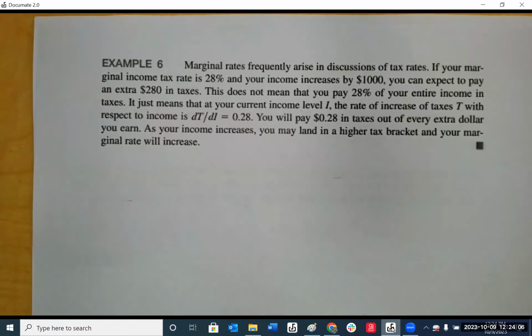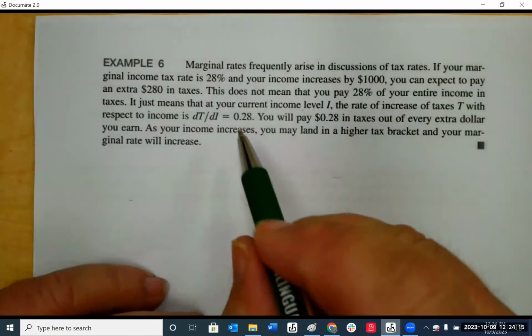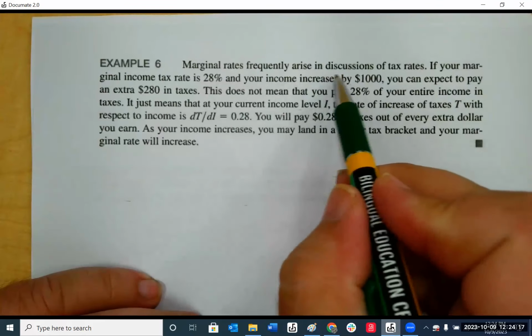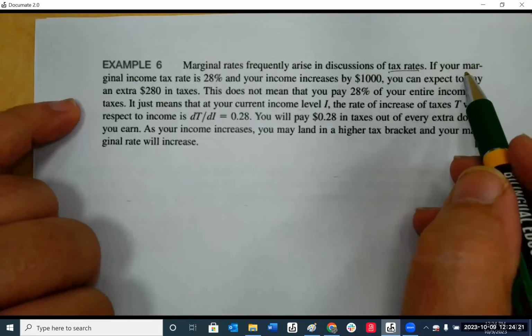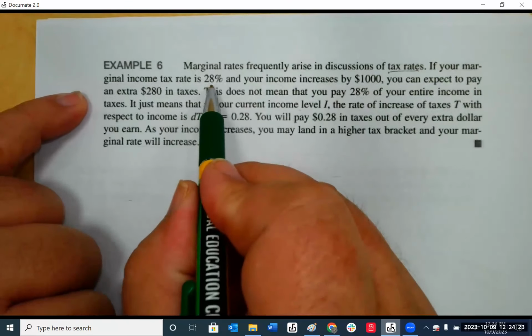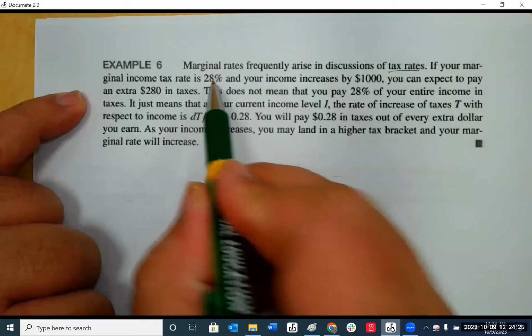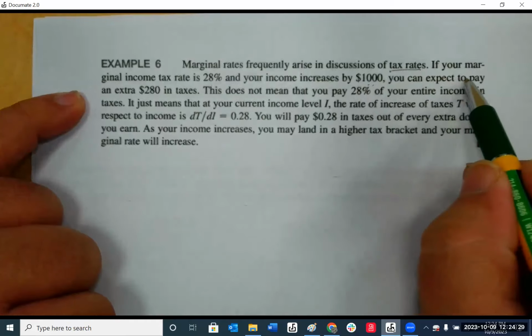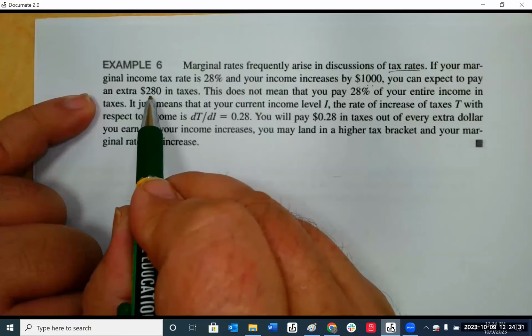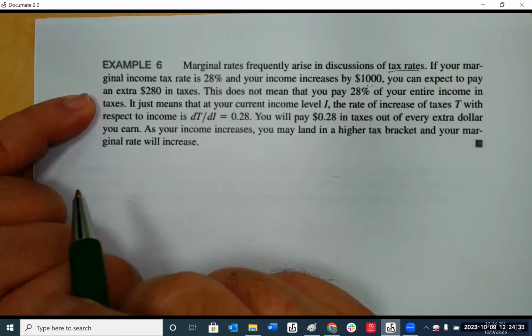Okay. Example 6 isn't going to be much of an example because it's a description. Marginal rates frequently arise in discussions on tax rates. If your marginal income tax rate is 28% and your income increases by $1,000, you can expect to pay an extra $280 in taxes.